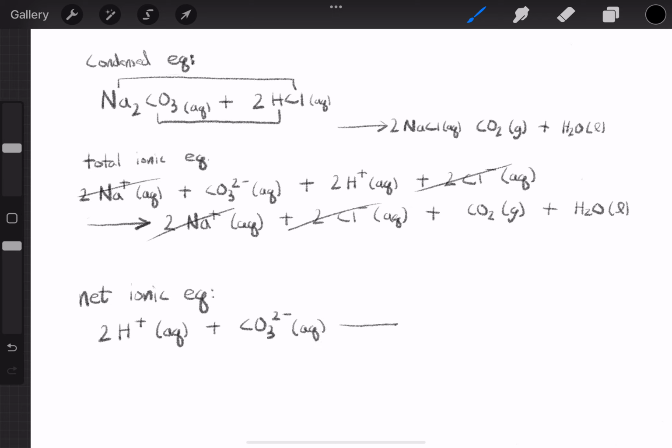This would form carbonic acid, but we know carbonic acid is short-lived, and it won't exist for a long time, so it will rapidly decompose to CO2 gas. It's not even a second, it happens instantaneously, so you can't conserve carbonic acid for a while. It's just not stable, so it will turn into CO2 gas.